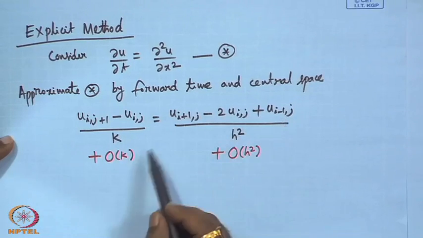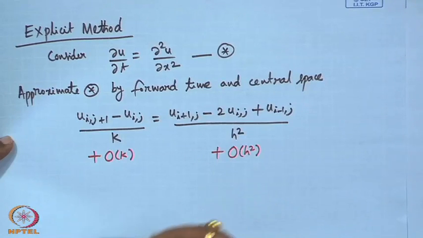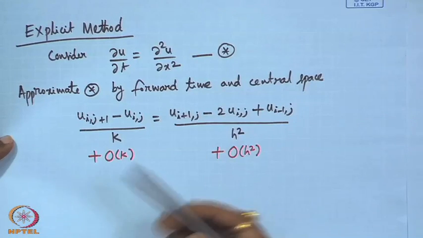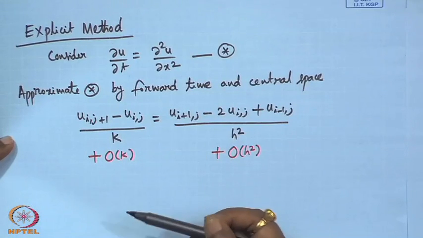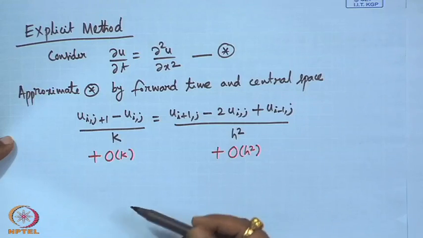So, now what is our aim? Given the initial condition, we want to compute the solution by marching forward, because this is an initial boundary value problem. So, we have to compute for all times the solution at various grid points.